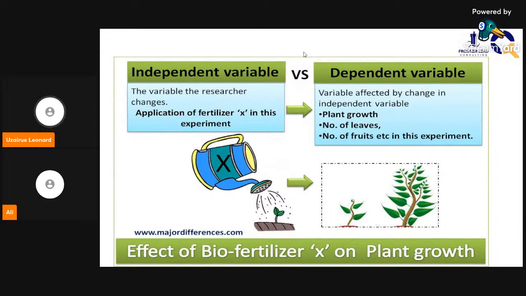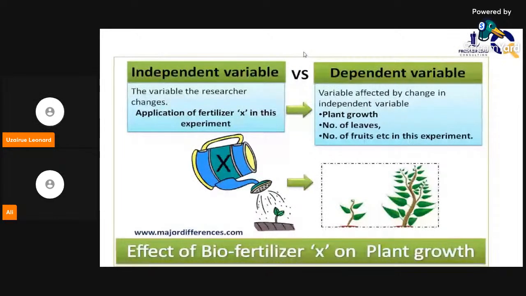We have different manufacturers and different types of fertilizer, as the case may be.